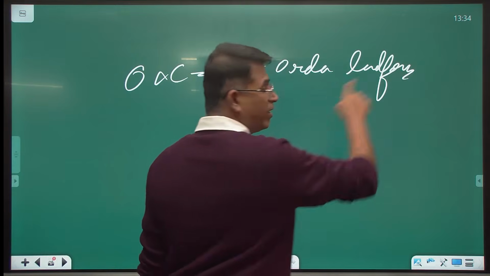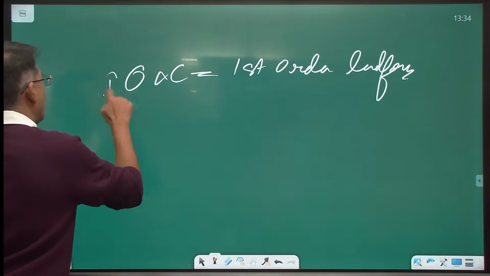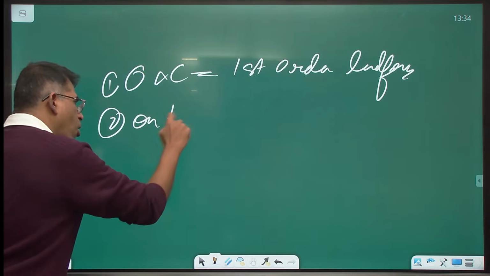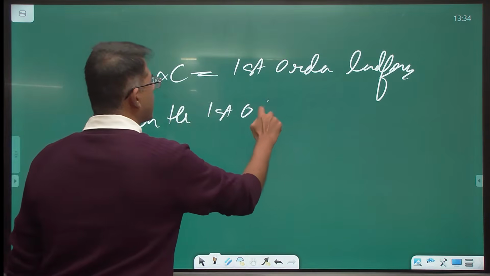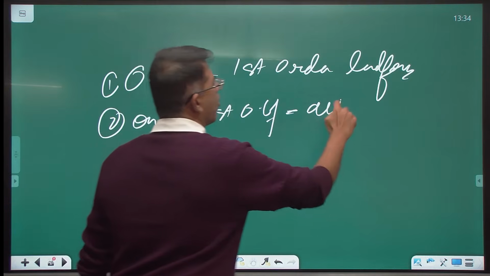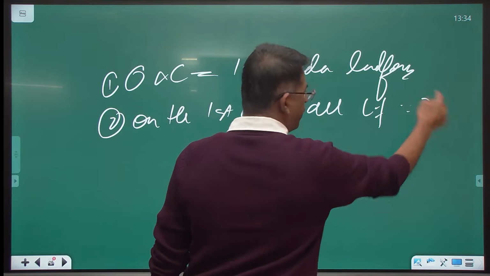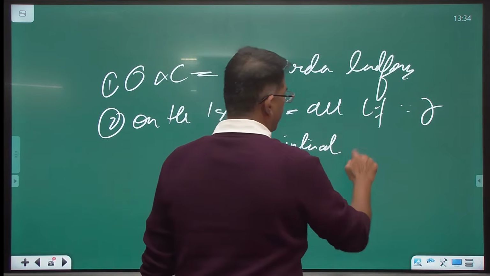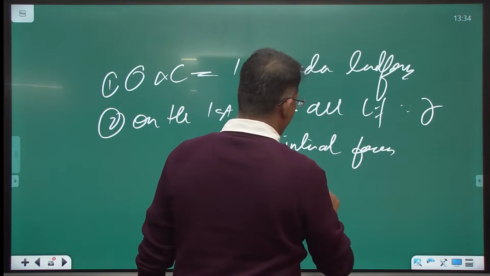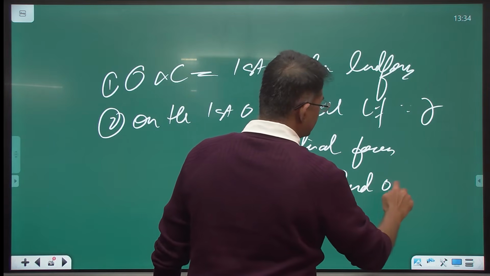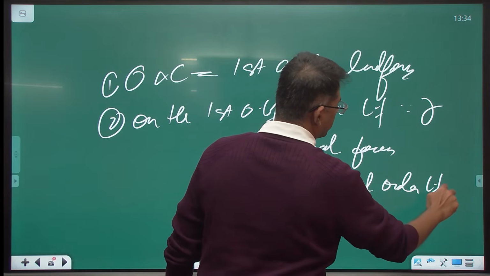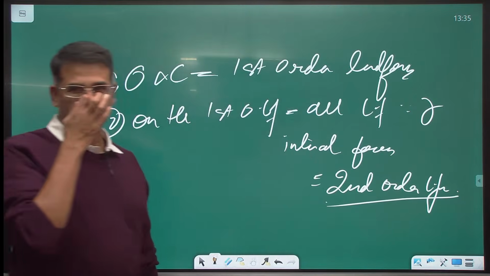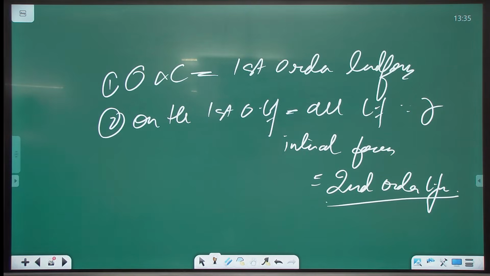Is समझ में आ गया all of you here? Okay. Now, on the first order landforms, all the landforms because of internal forces, we call these as second order landform. जो मोर बना वो सेकेंड ऑर्डर लैंडफॉर्म है, जो ट्रेंच बना वो सेकेंड ऑर्डर लैंडफॉर्म है.